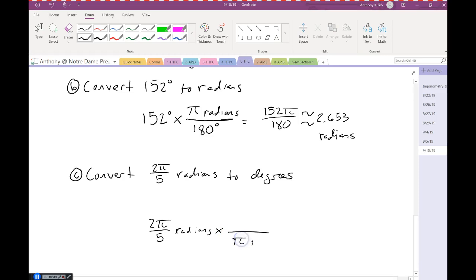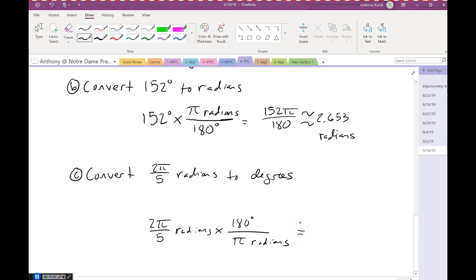Pi radians, again, because my units have to line up diagonal. Since I have radians to start with, the denominator needs to have radians in it. And the numerator should then be 180 degrees. Everybody happy with that?